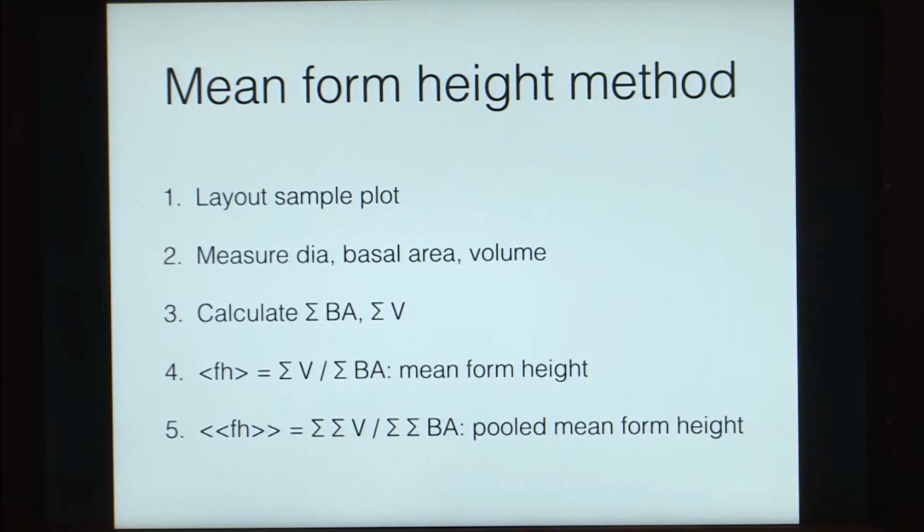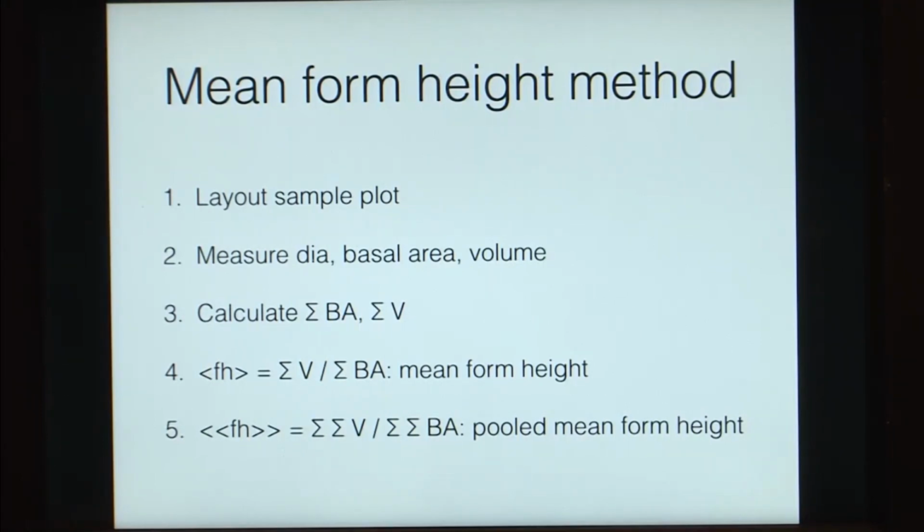One, we lay out a sample plot. The sample plot is just as we did in the previous instance. We can lay out n number of sample plots. Then for all the trees in the sample plot, we can find out the diameter, the basal area and the volume for each of the trees. Diameter can be very easily measured using calipers or using tape.